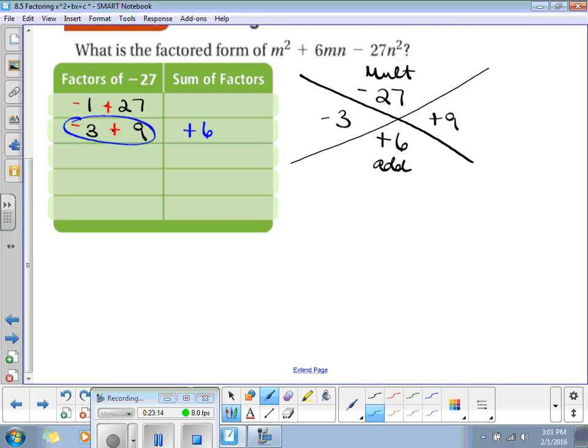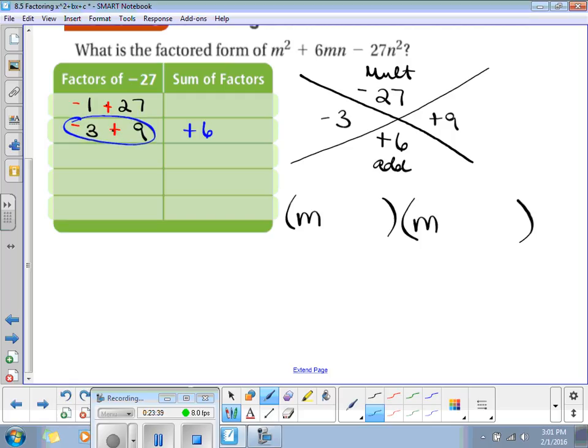Okay? Now, the first term is m squared, right? To get m squared, it's m times m. The second term is an n squared.